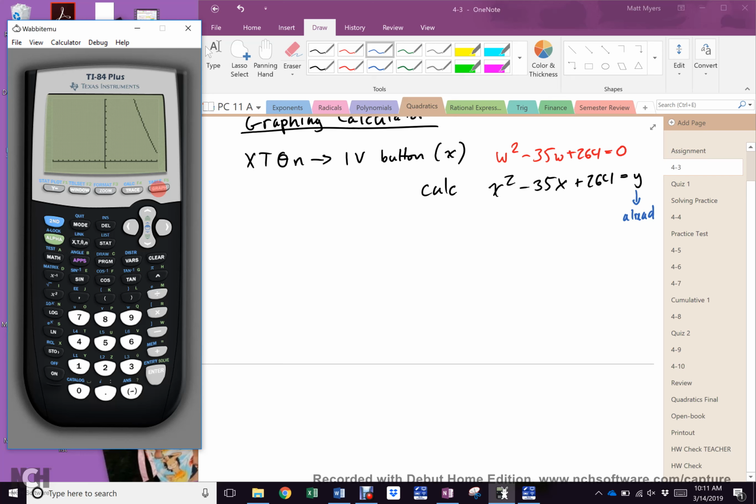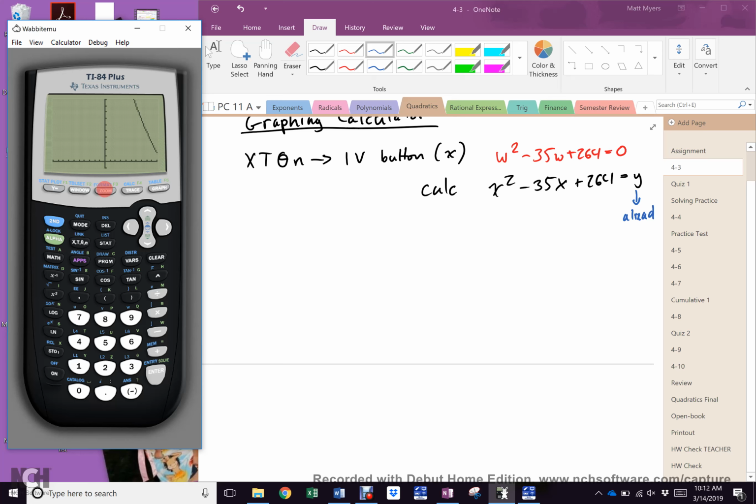Some of you will only see the two axes. You won't see any line. Does anybody have that situation going right now? Perfect. That's actually a good thing. Right now, the window that your calculator is looking at is wrong for this equation. So we're going to change that. The first thing we're going to do is set up the regular window, what your calculator likes to have.